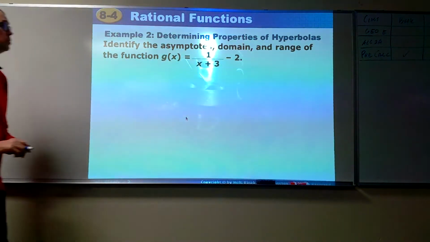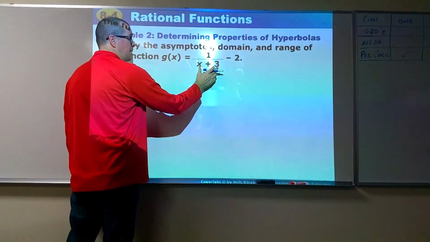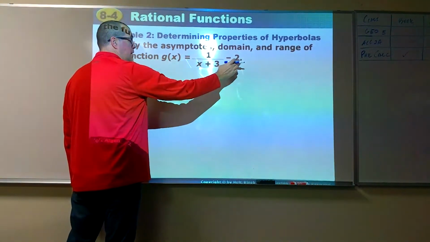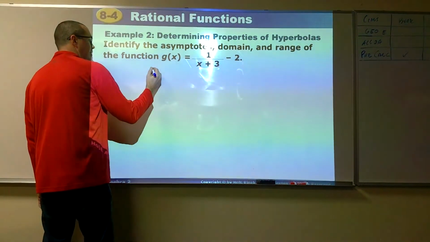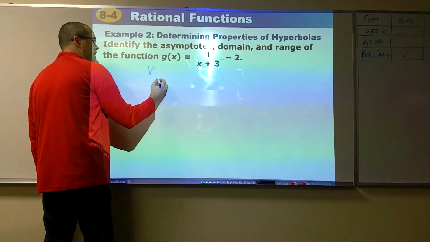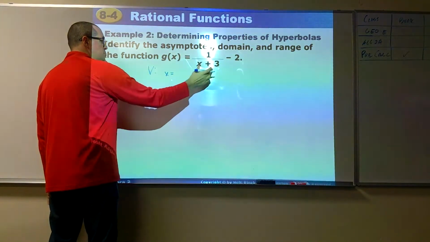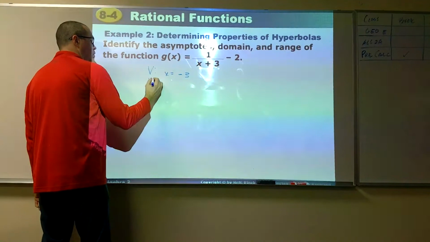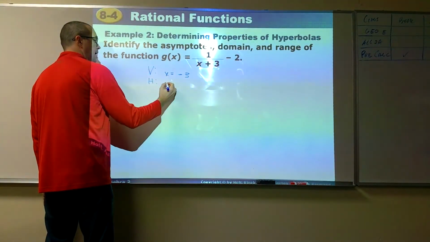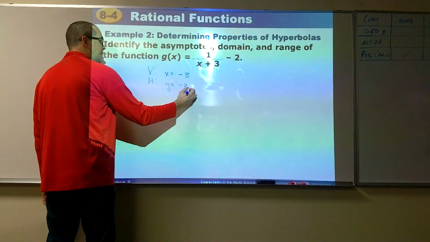Okay, well, this is going to be, if you think about it, left 3 and down 2. So we have a vertical asymptote at the line x equals, remember we do the opposite down here, negative 3, and a horizontal asymptote at y equals negative 2.